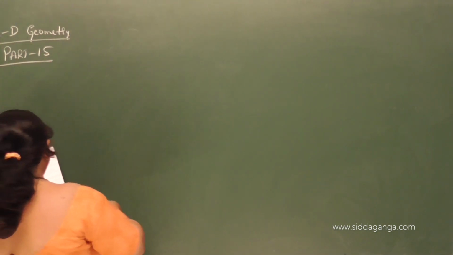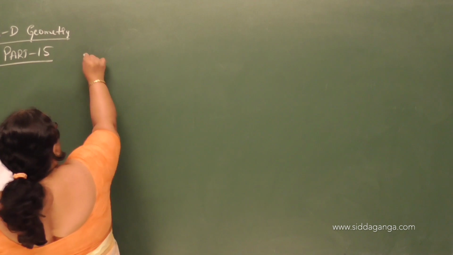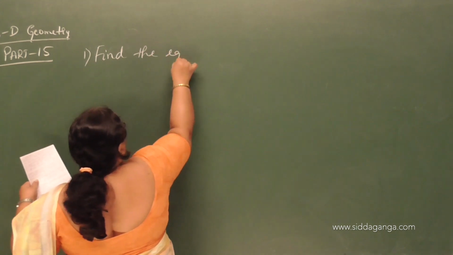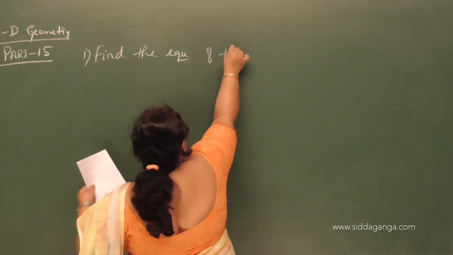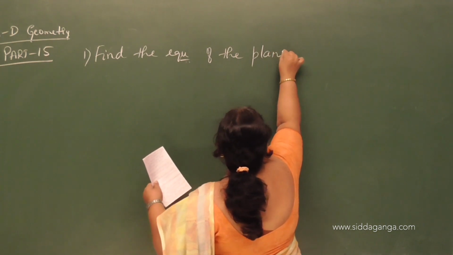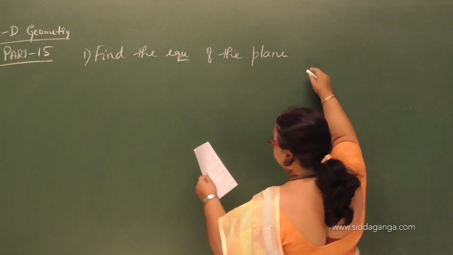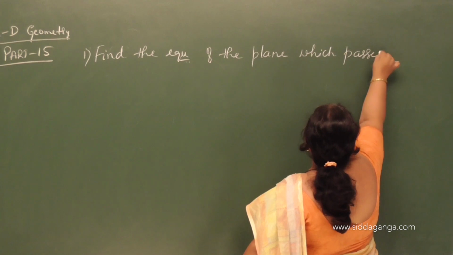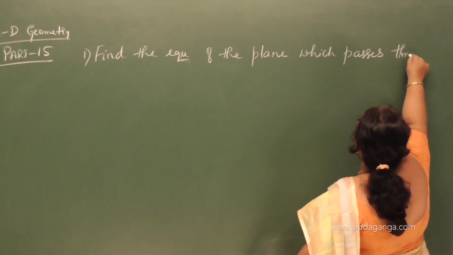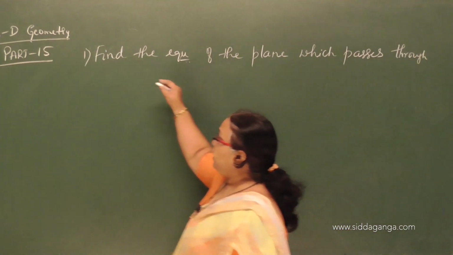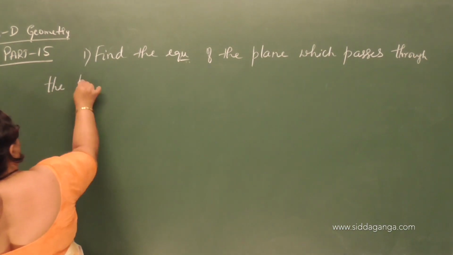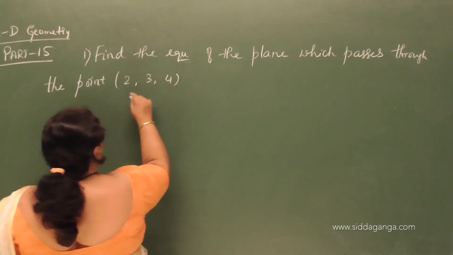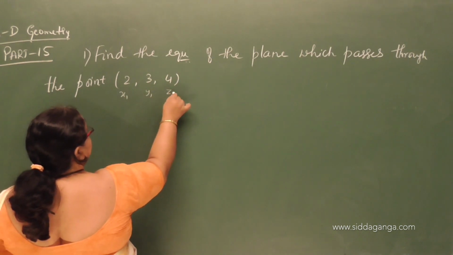Find the equation of the plane which passes through the point 2, 3, 4. This is x1, y1, z1.